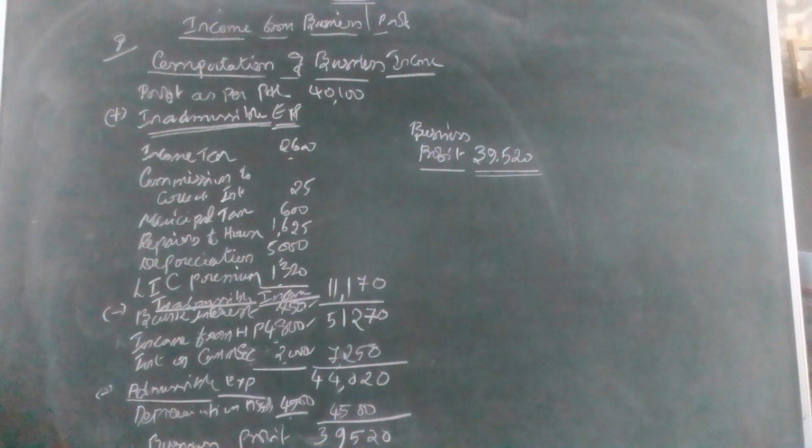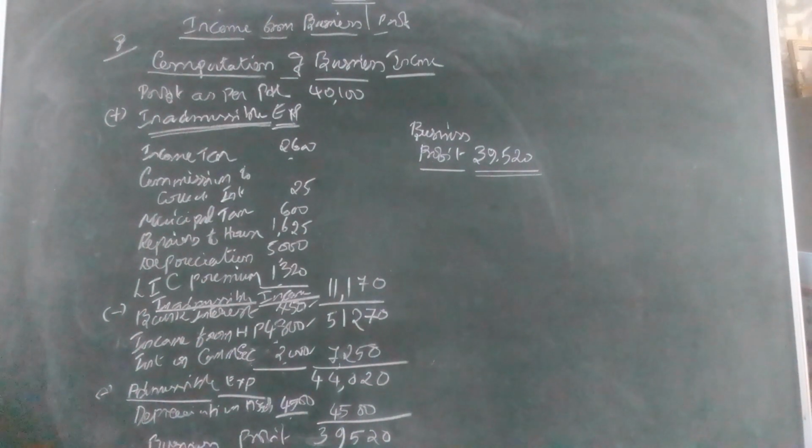This is one way of treatment. Another way of treatment: what is the difference between these two things? You excess accounted 5,000, actual depreciation is 4,500, so excess is 500. Straight away that can also be taken as excess depreciation accounted, 500. In that way also you can take. Any one type you follow properly.